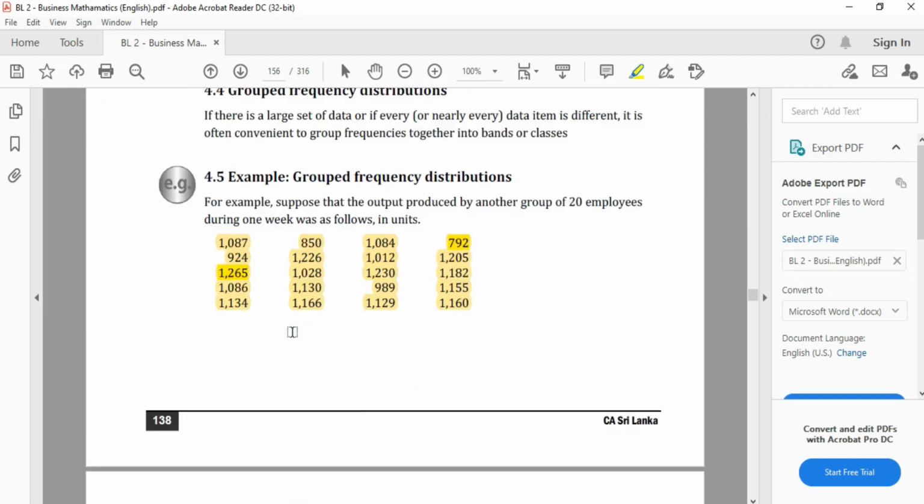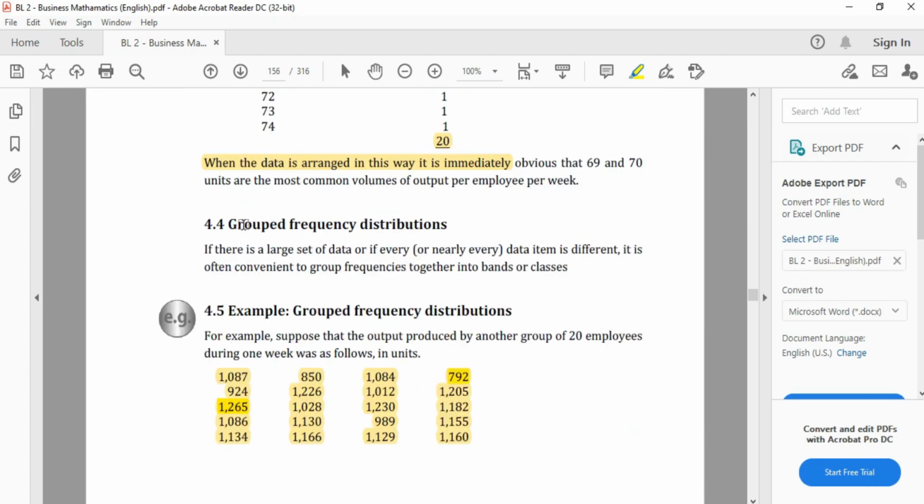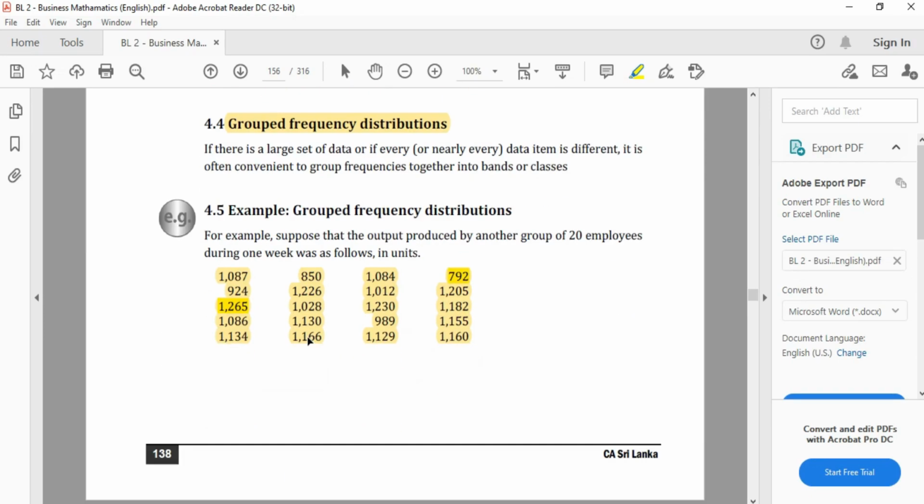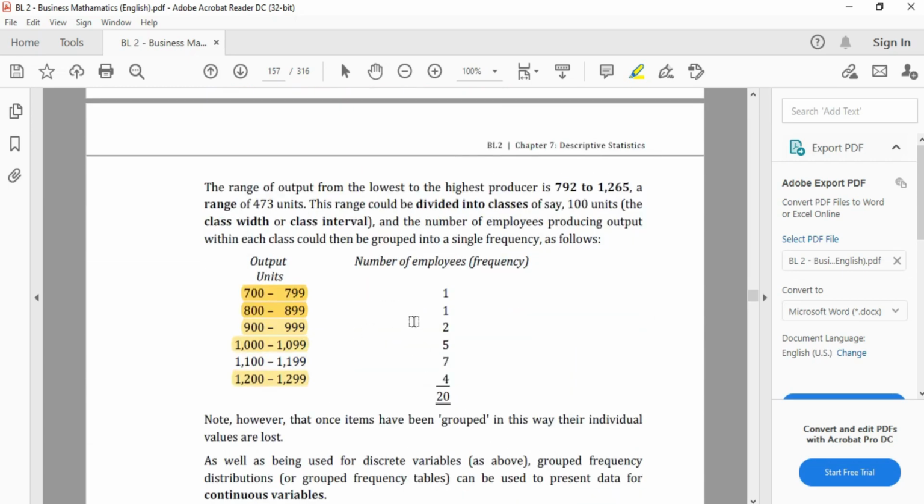This is what you should do when it comes to grouped frequencies. You don't put the number of units simply like this. You categorize them into groups and put the number of employees so that you can make a more summarized table, and this is particularly useful when you have a lot of employees and a lot of data.